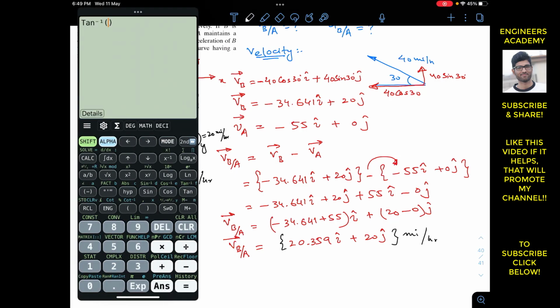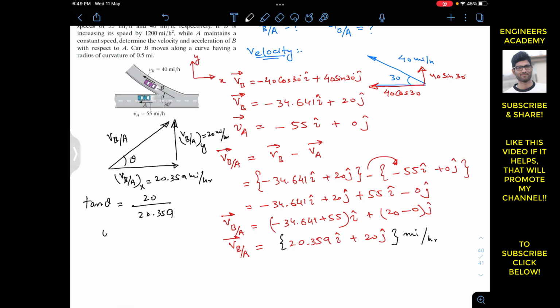So tan inverse of 20 divided by 20.359 gives us 44.49 degrees. So theta equals 44.49 degrees. The VBA vector is making 44.49 degrees with the horizontal.